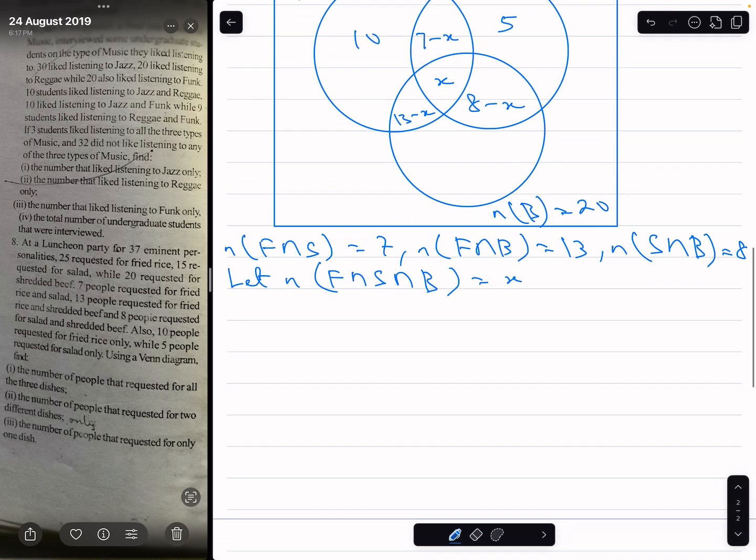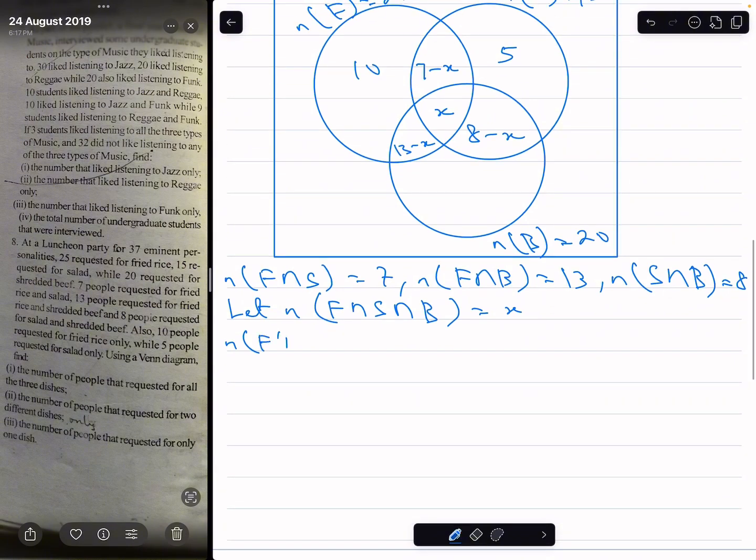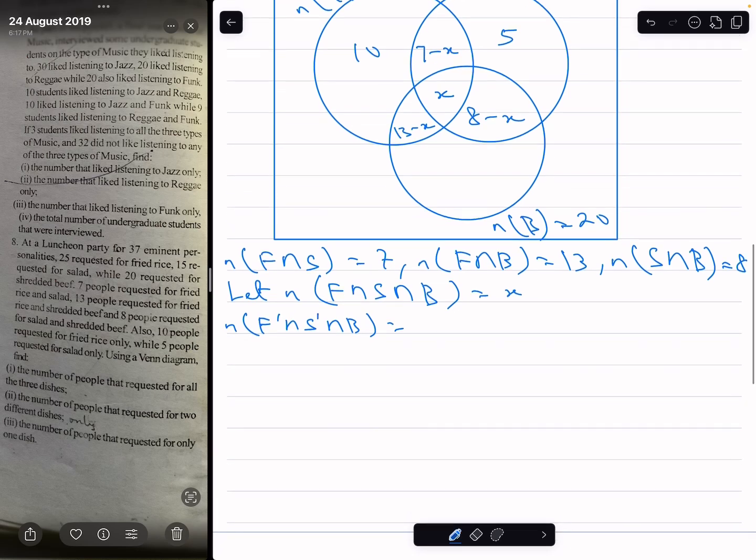So the number of elements in the set F complement intersection S complement intersection B, the number of guests who requested only shredded beef, will be equal to 20 minus the sum of 13 minus X, X, and 8 minus X.